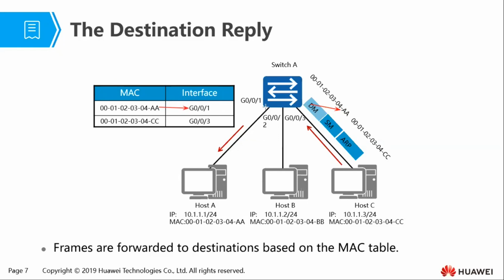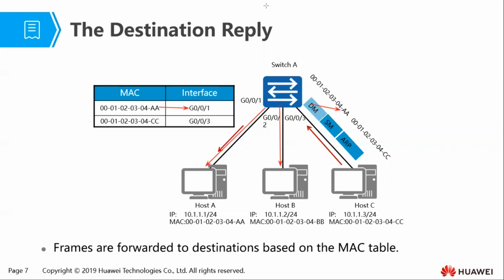In this case, it is going to send this frame out through the interface G0/0/1. So the switch is not going to forward that particular frame to the other host.